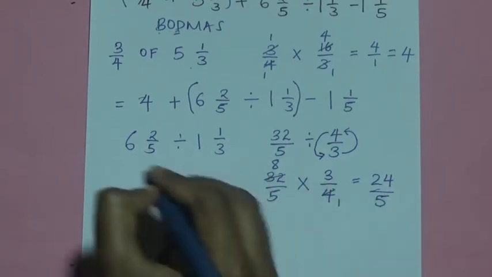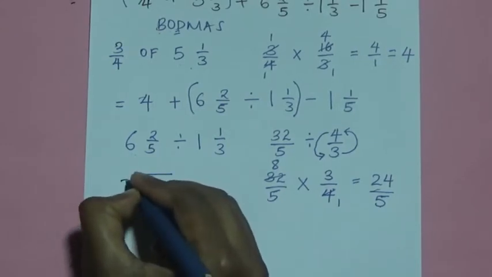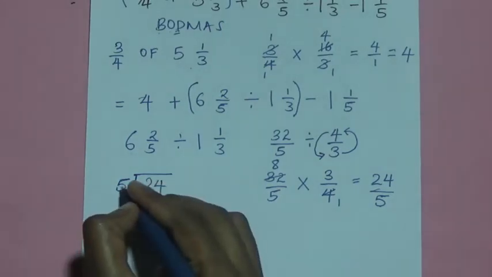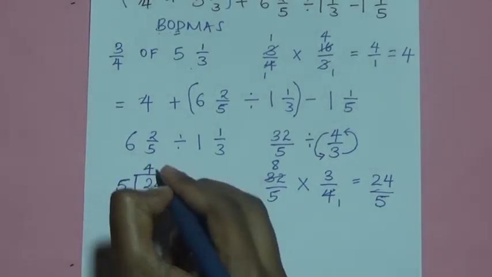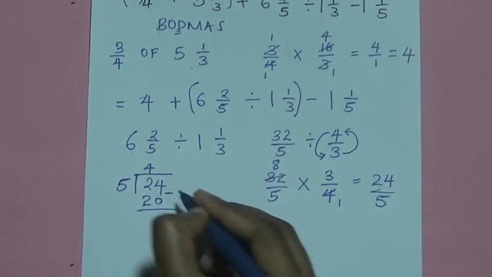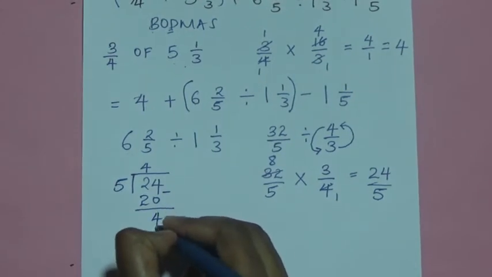So we take 24, we divide by 5. Now 24 divided by 5 will give us 4 because of 20. When you subtract, you get the remainder of 4.